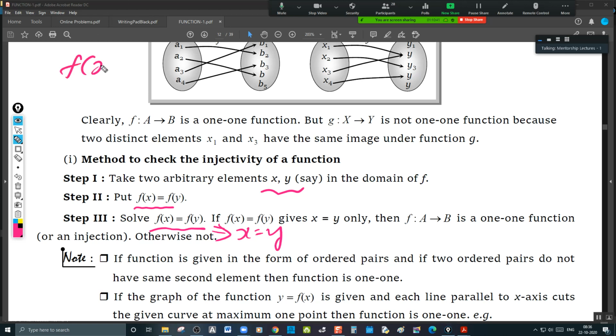For example, f(x) is equal to x square is there. If you want to understand whether it is one-one or not, theoretically, then we choose two elements in the domain as x1 comma x2. Then this belongs to the domain, then f(x1) comma f(x2) belongs to the range.